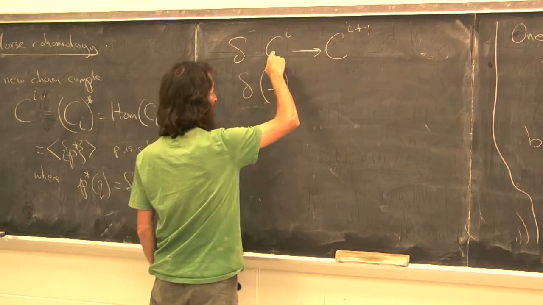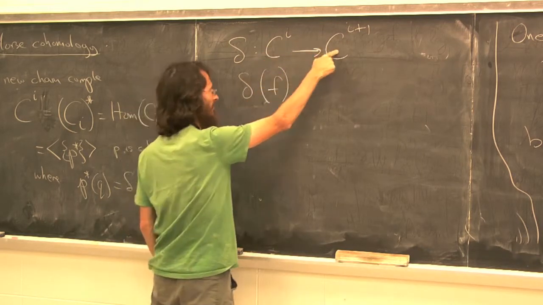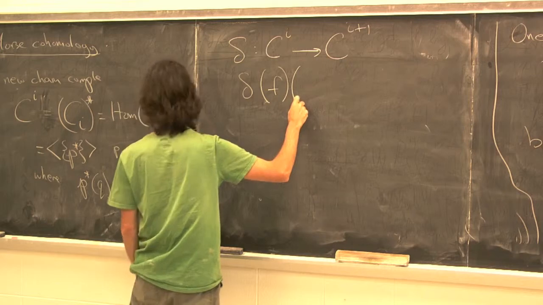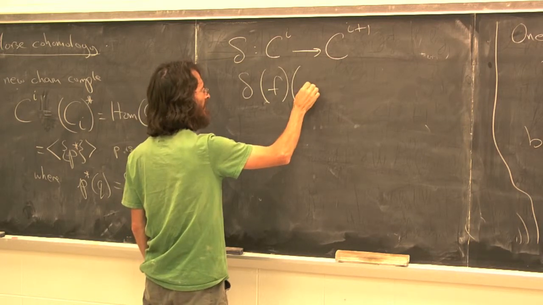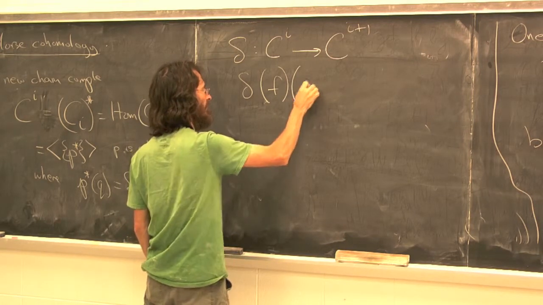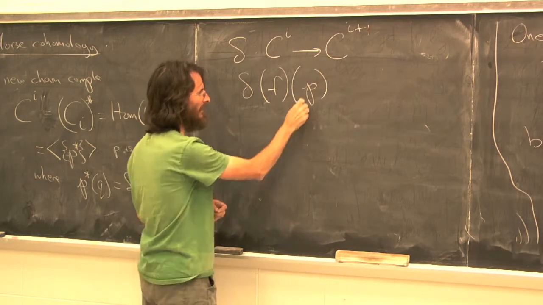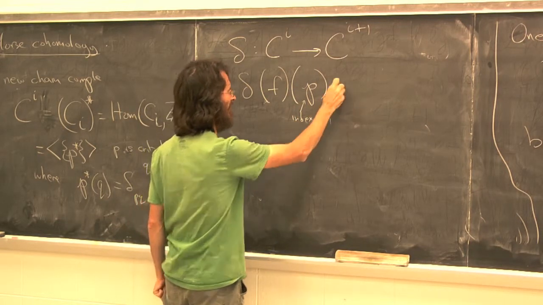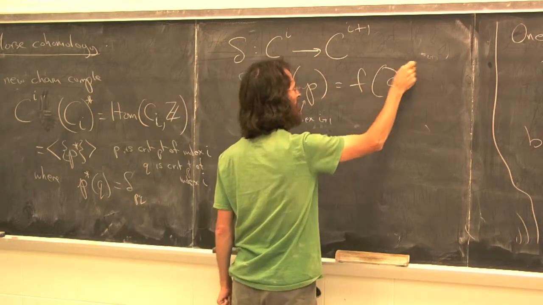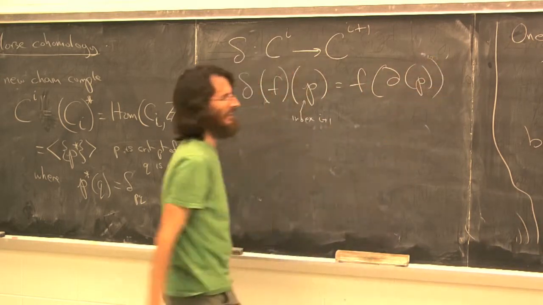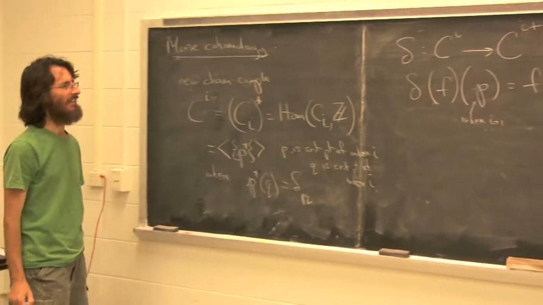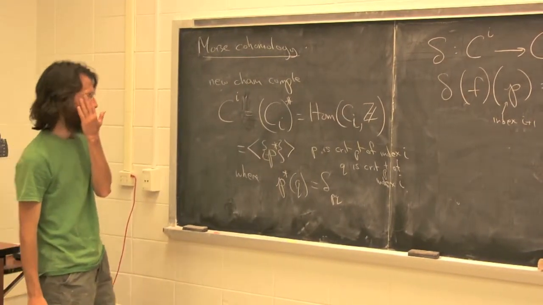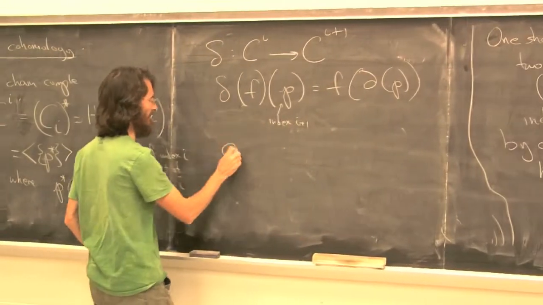If F is an element here, I should say how I evaluate it on some critical point of index I plus 1. We do F of the boundary. And then it's not hard to see that boundary squared equals 0.